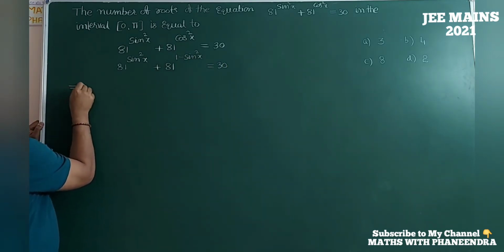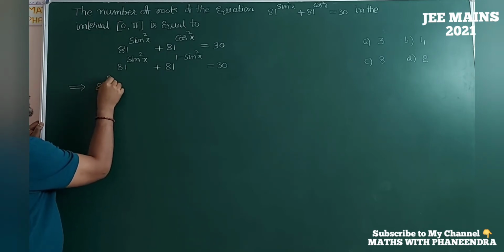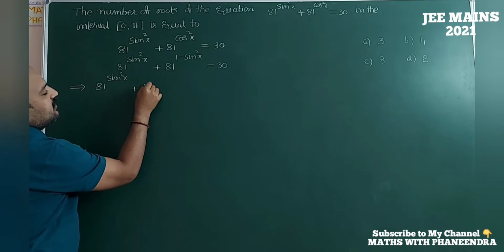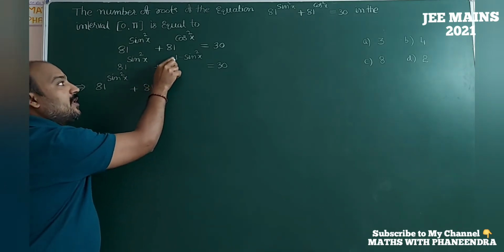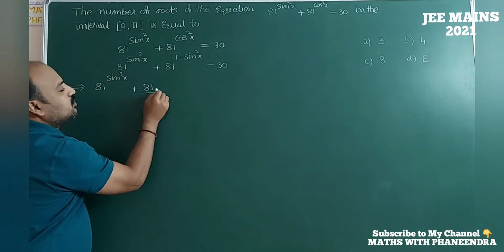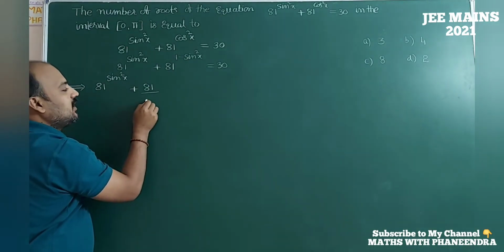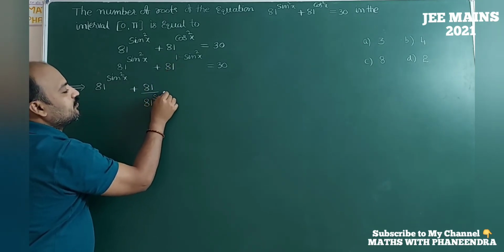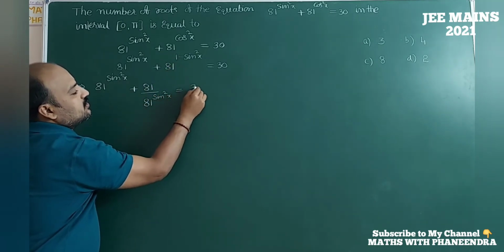So 81 power sin square x plus 81, a power m minus n is a power m divided by a power n. So 81 power 1 is 81, divided by 81 power sin square x, is equal to 30.